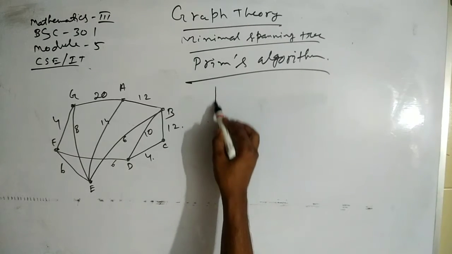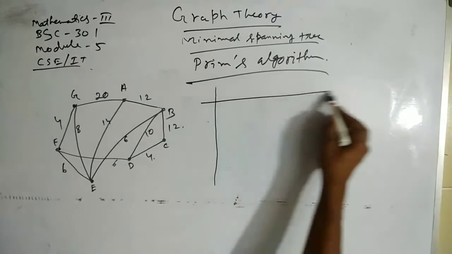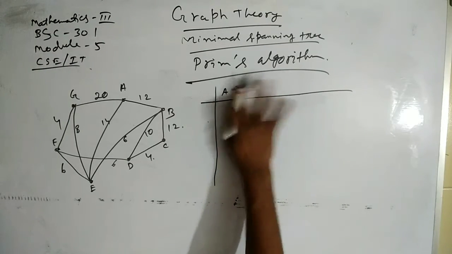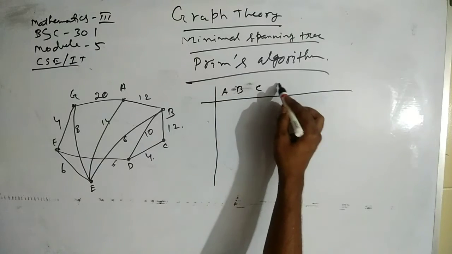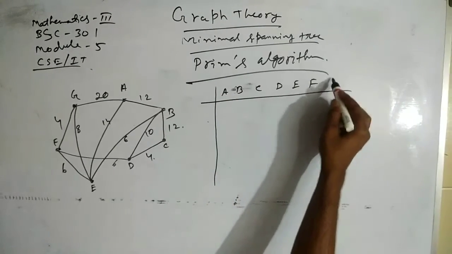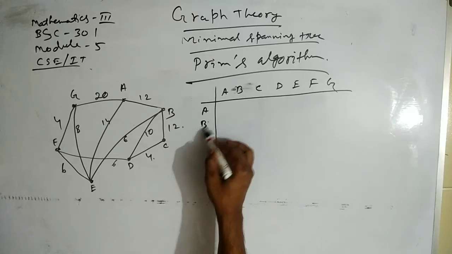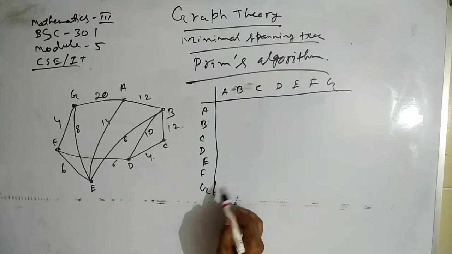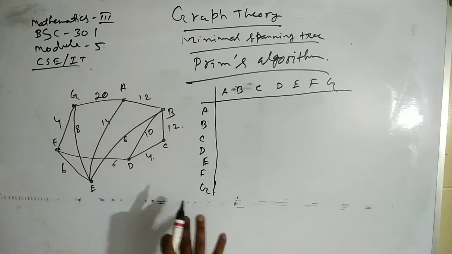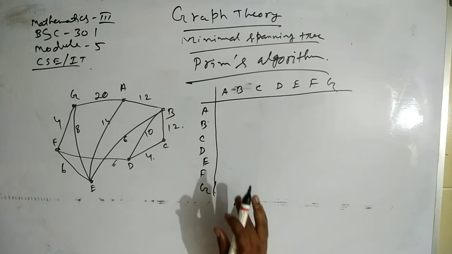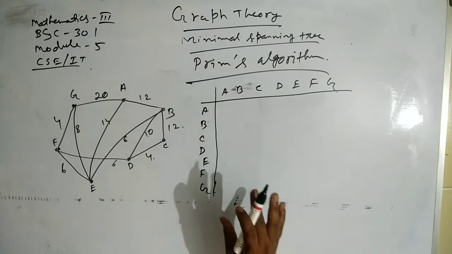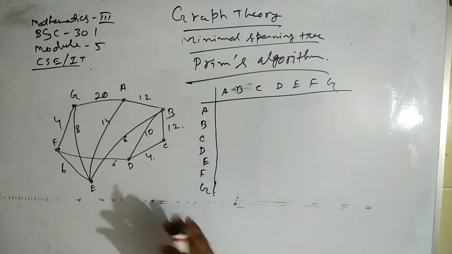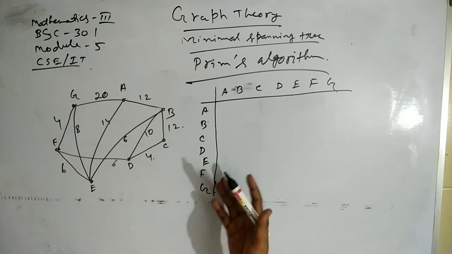So form the table like this: A, B, C, D, E, F, G along the rows and A, B, C, D, E, F, G along the columns. Name the rows and the columns of the table by the vertices. So there are 7 vertices named from A to G.